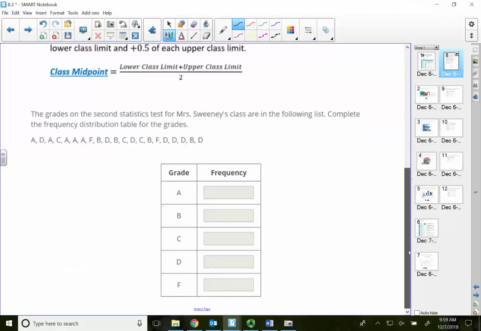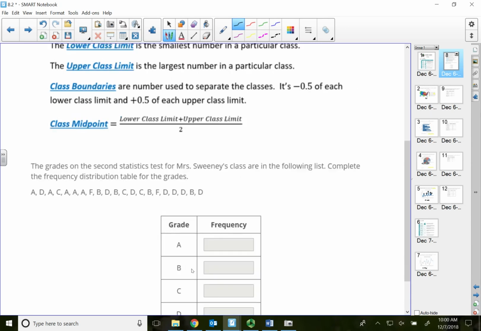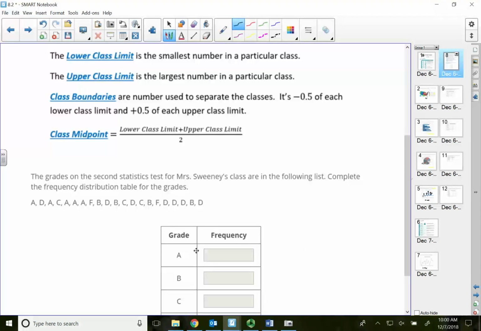If I scroll down here, this is called the frequency distribution. Here my x-axis is using letter grades. Remember, letter grades can be translated into numerical values, so this is quantitative data.